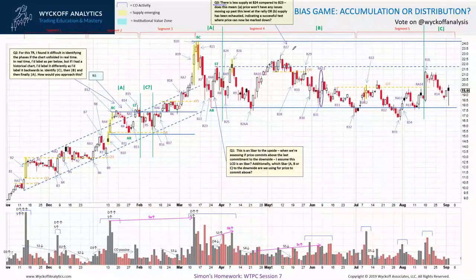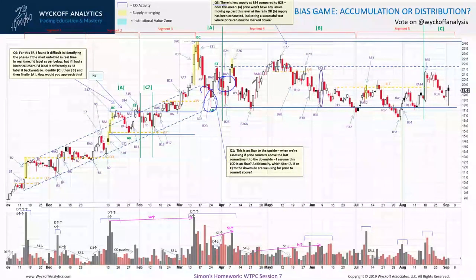There is less supply at B24 compared to B23. Does this mean price won't have any issues moving up past this level at the rally? Okay, so this action right here, or supply has been exhausted, indicating a successful test where price can now be marked up.